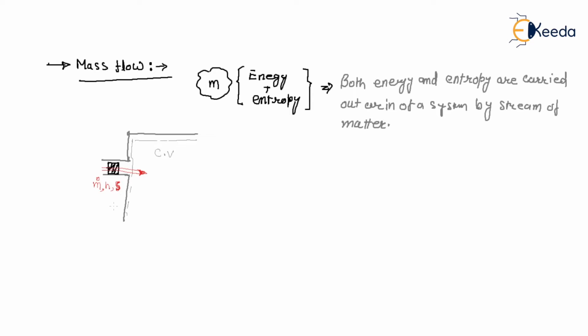This is the entropy of mass m, this is the energy of mass m, and this is your mass flow rate.